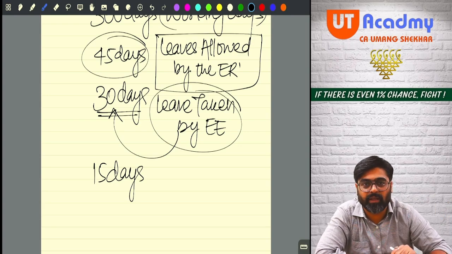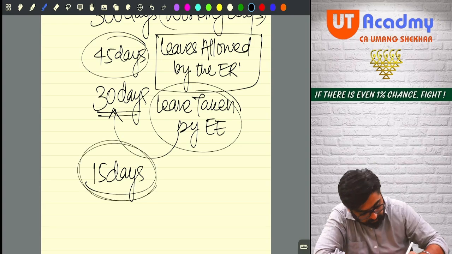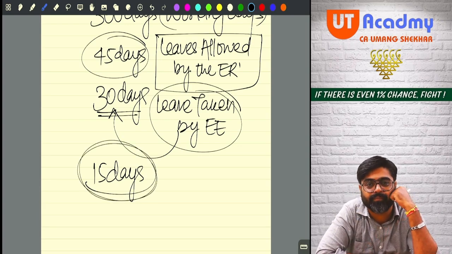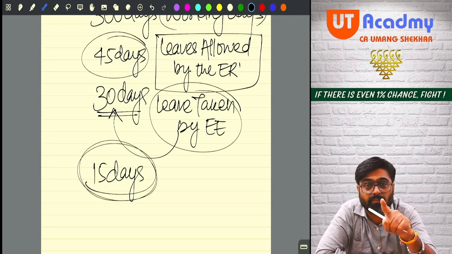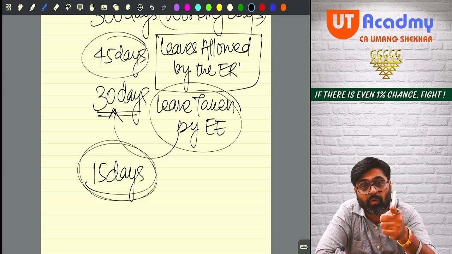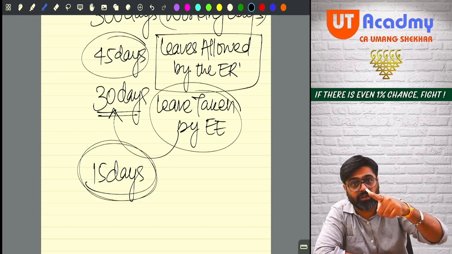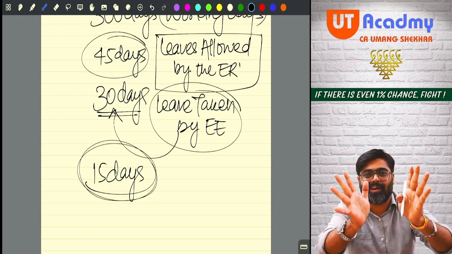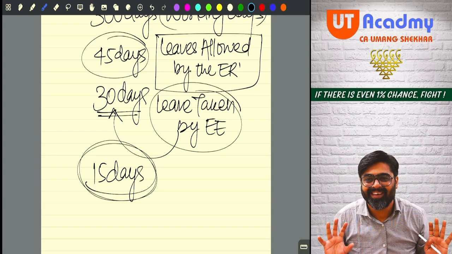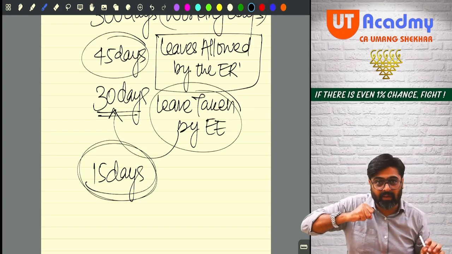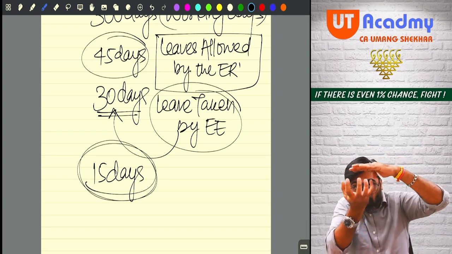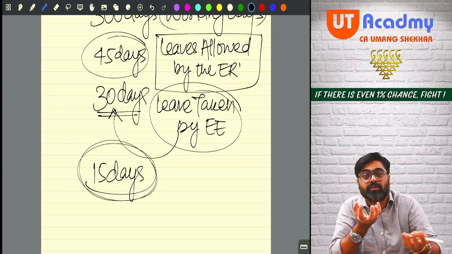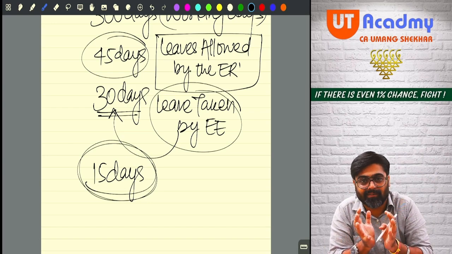What is relevant? See, for these 15 days, even if you did not come, were you eligible to get the salary of these 15 days? Take that 15 days salary extra. That 15 days which you are saving, out of the leave allowed, whatever leaves you are saving, that is leave credit.